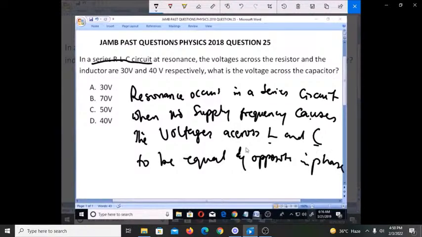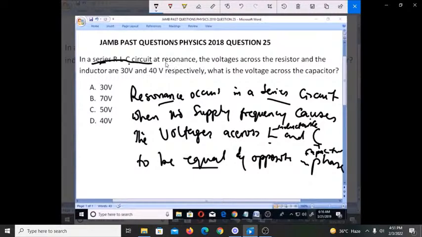So whenever the voltage across the inductor and the capacitor is equal, we call it resonance. That is happening in a series circuit, and this is a series RLC circuit.